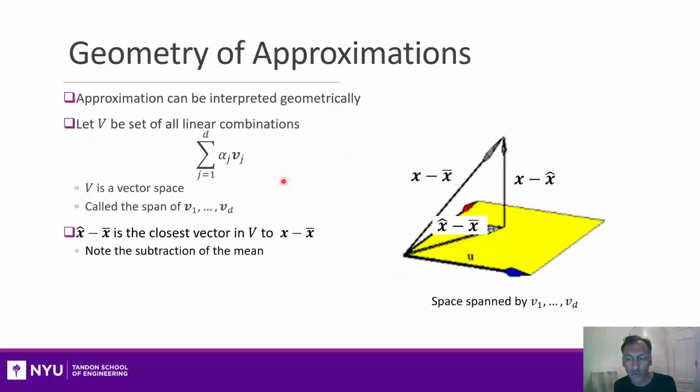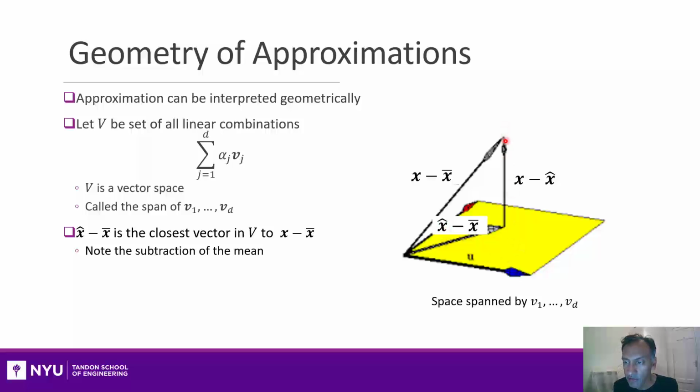Let me show you what that is geometrically. If you have any vector x, what you're doing in principal component analysis is first subtracting off the mean, and then looking at the space spanned by some smaller set of d of these principal components. In this picture, that's shown by this yellow plane here.